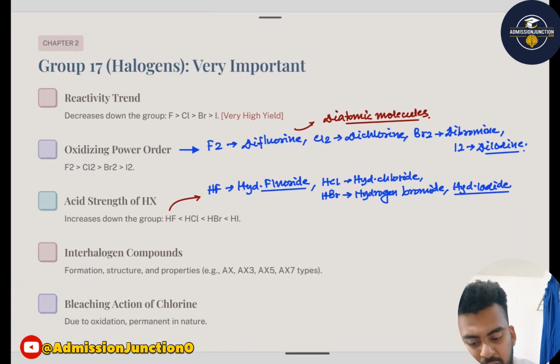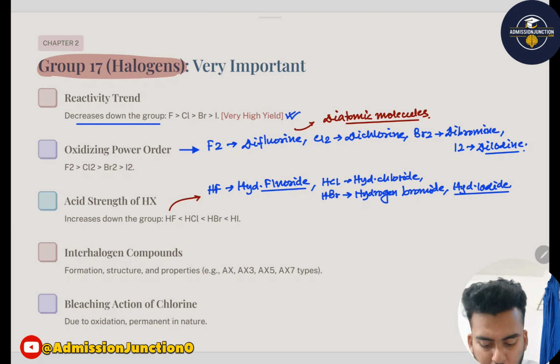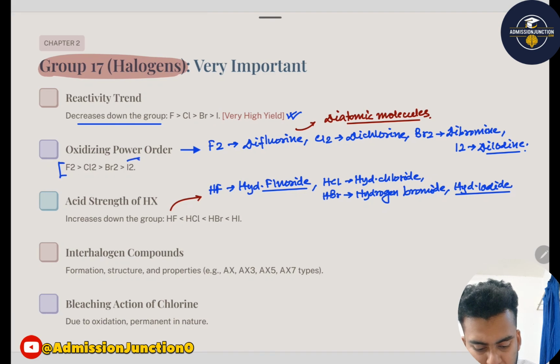ठीक है? So here I have already mentioned these things. So this is the group 17, that is the halogen group. This is very important. Basically ये reactivity trend है जो decrease करता है down the group. ठीक है? This is a very high yield question. Next is your oxidizing power order जो है, this order you need to remember, that is difluorine greater than dichlorine, then dibromine, then diiodine.